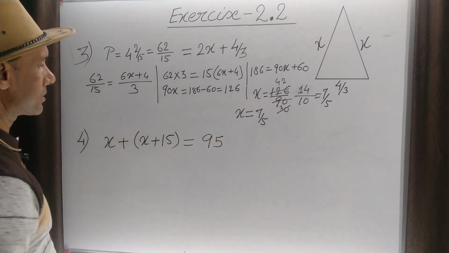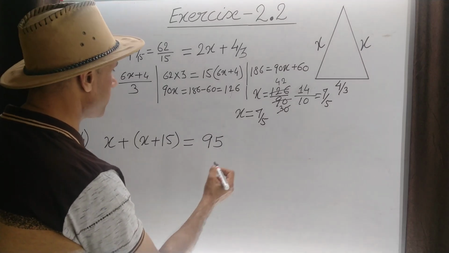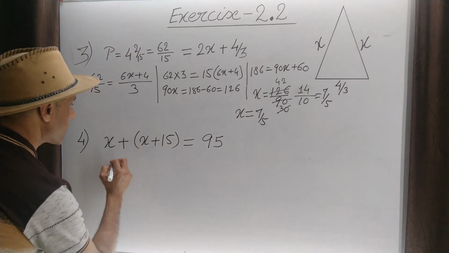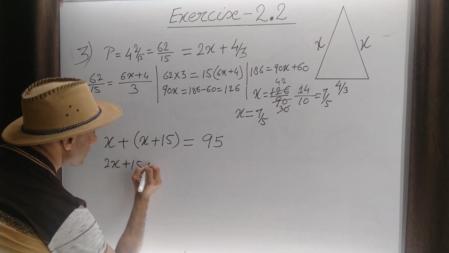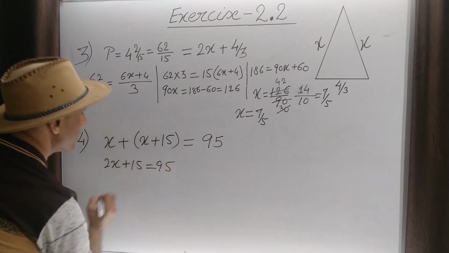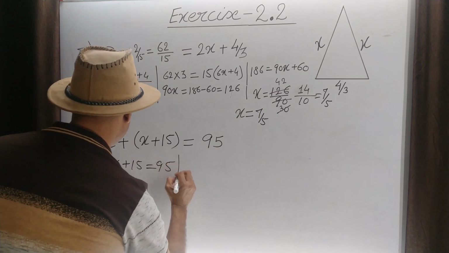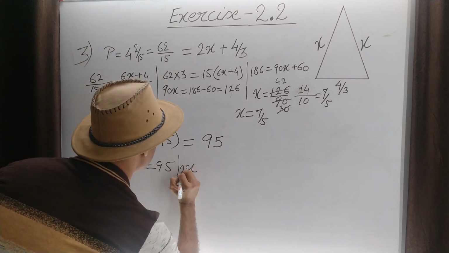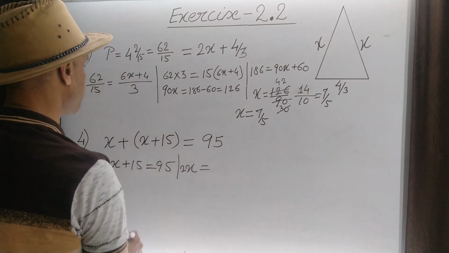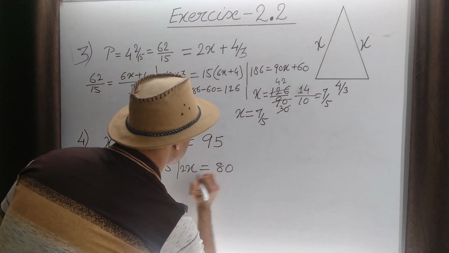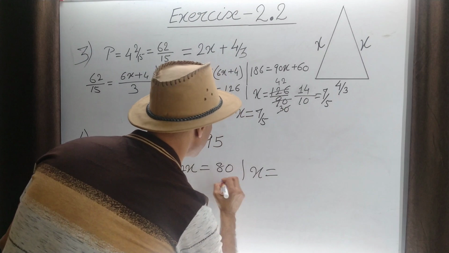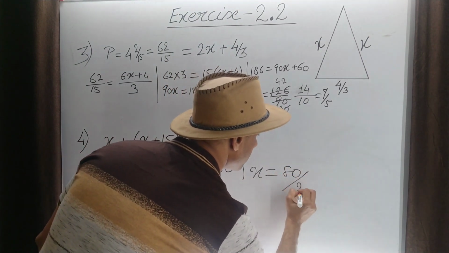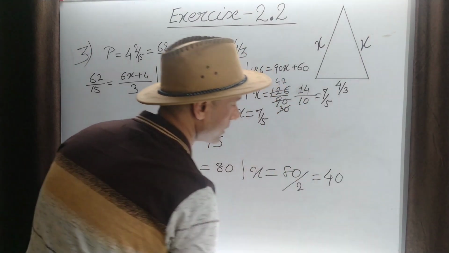So we get this equation, and this is very simple. x plus x, 2x plus 15 is equal to 95. So 2x is equal to 95 minus 15, that is 80, so x is equal to 80 by 2, that is 40.